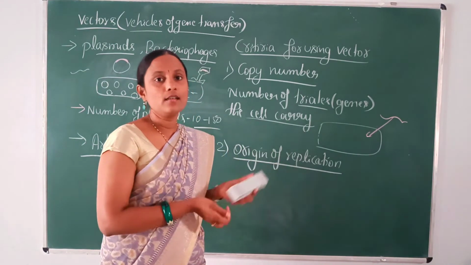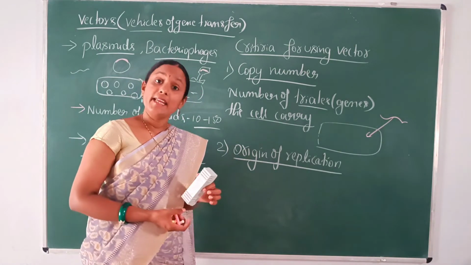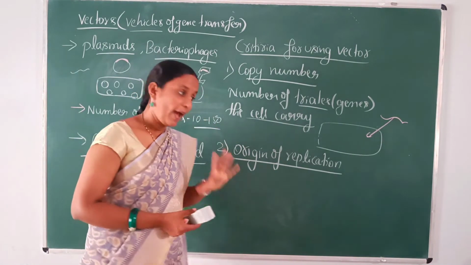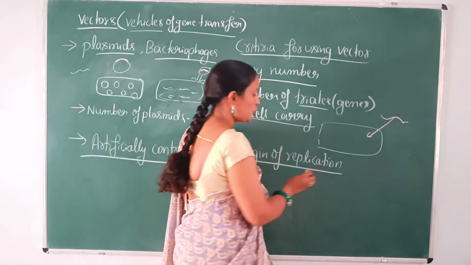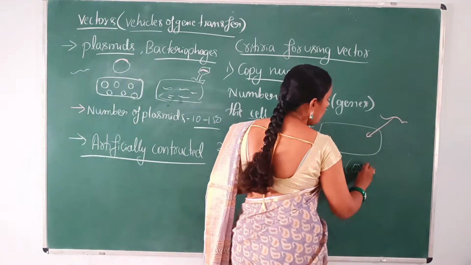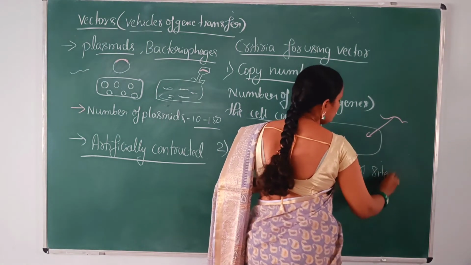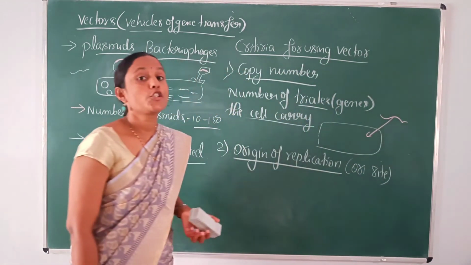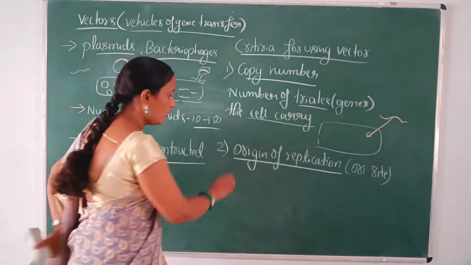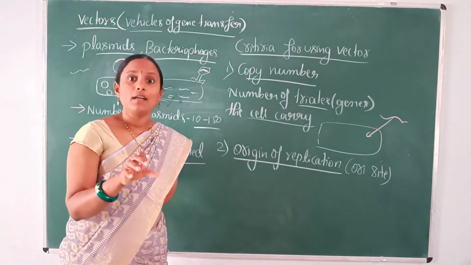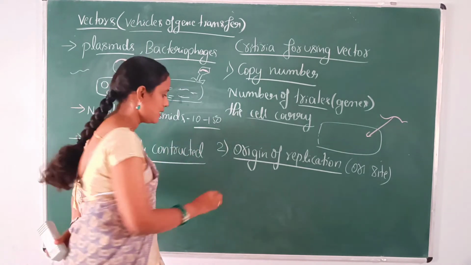The same thing here. In order to use any DNA as a vector, it should have the strong origin of replication, or in short we can call it as ori site. Ori site which can support the high copy number. Ori site is present, but it should support high copy number.